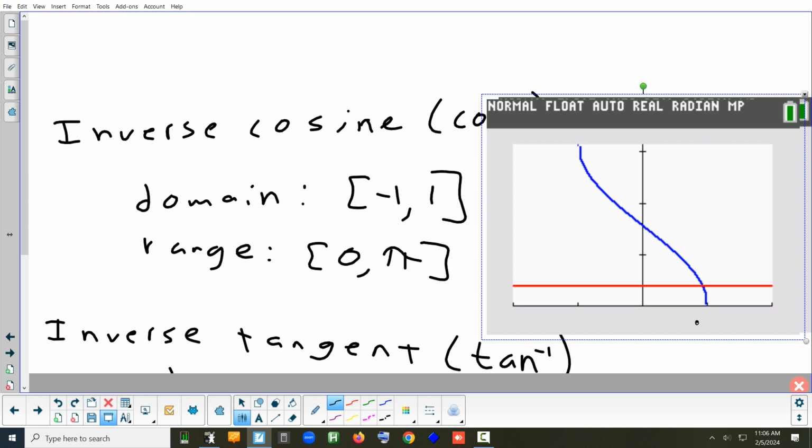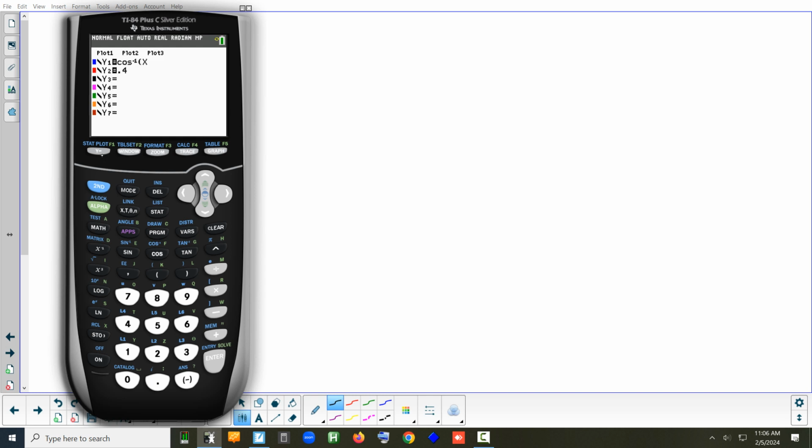Okay, now let's think about inverse tangent. Well, let's start with tangent. Okay, do zoom 7. Does the graph of tangent pass the horizontal line test? No. It fails it. So again, if a graph fails the horizontal line test, its inverse will not be a function.